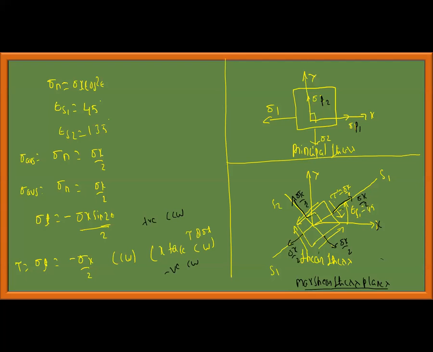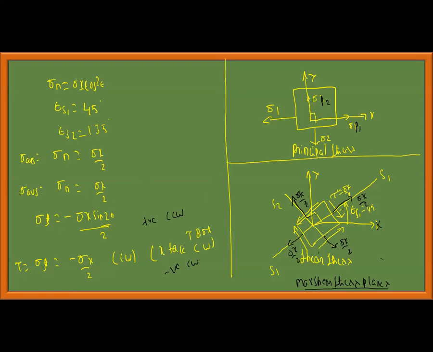So there are principal stress planes and maximum shear stress planes. This is how you have to derive. You take the forces in the normal direction equal to 0, and in the tangential direction equal to 0, and then you find the maximum value of principal stresses, the planes on which the principal stresses are present, and the magnitude of principal stresses.